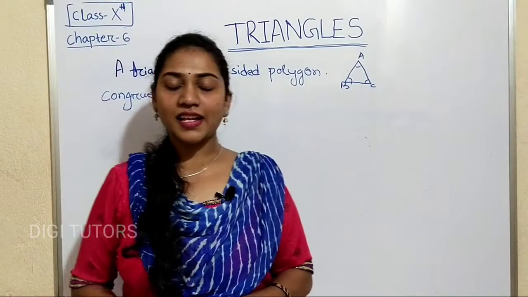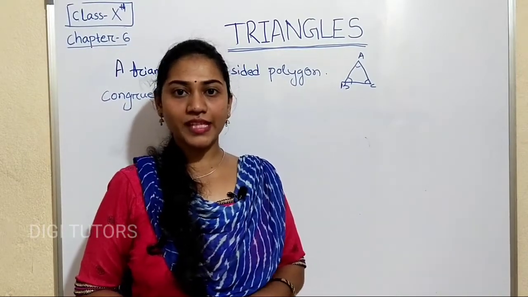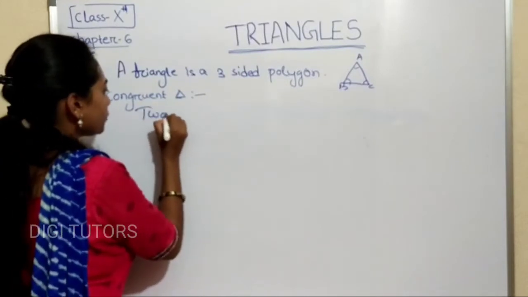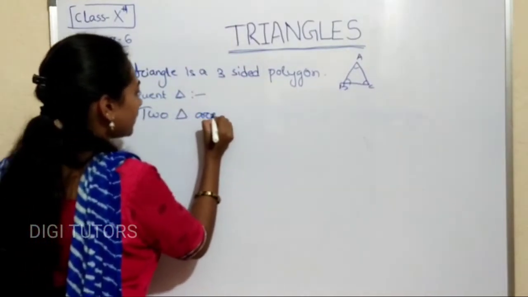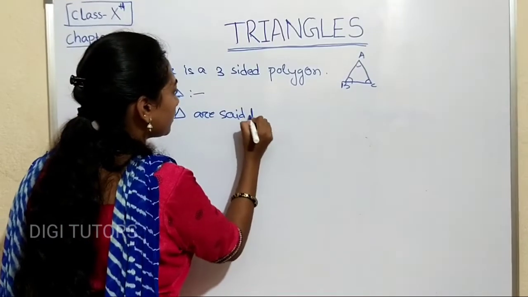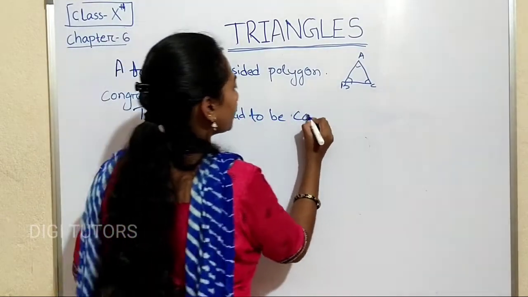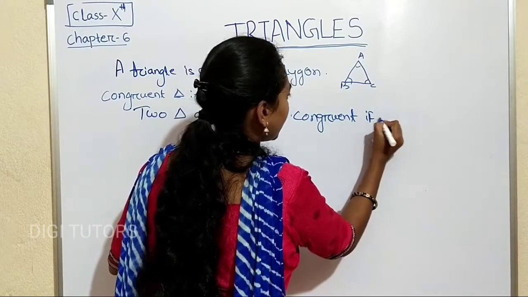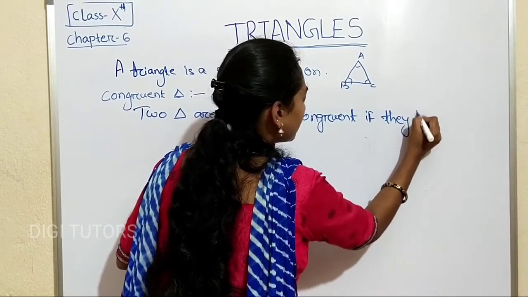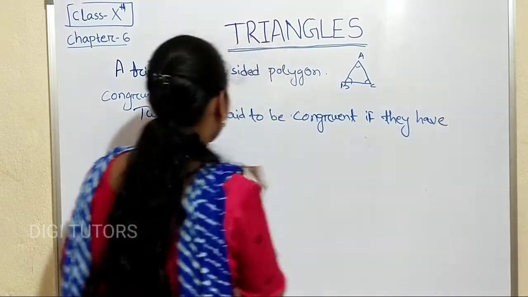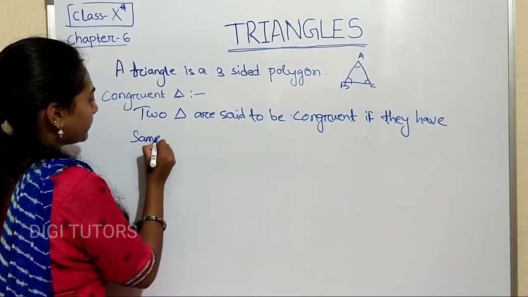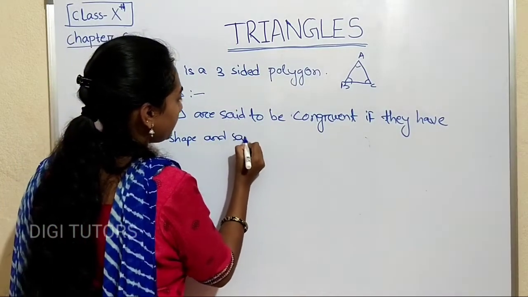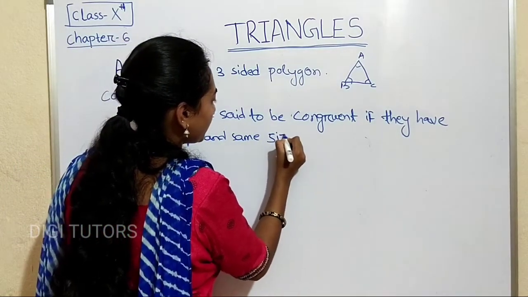Two triangles are said to be congruent if they have the same shape and same size.